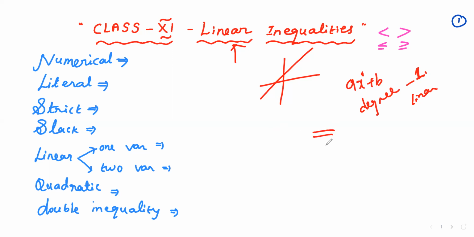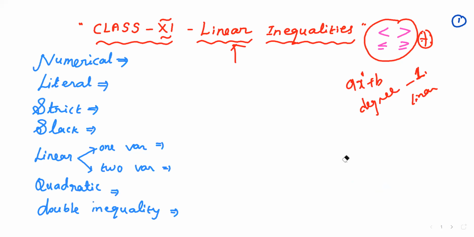Sometimes they contain less than, greater than, less than or equal to, greater than or equal to. Those possibilities are there. Inequalities are less than, greater than, less than or equal to, greater than or equal to. These are the basic things you already know, I think.